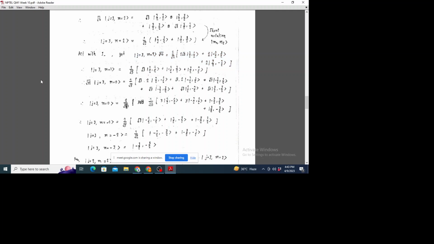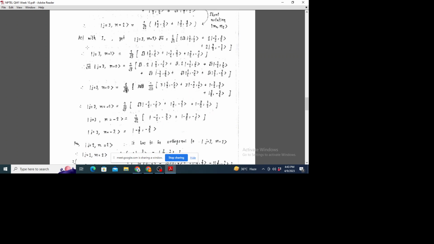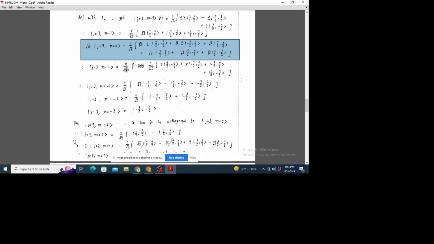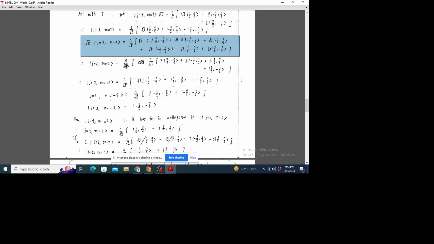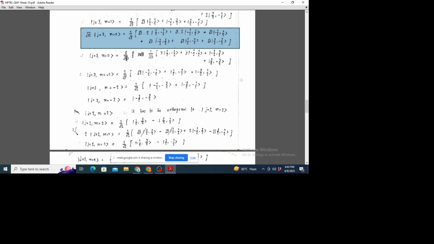So this is just an algorithm. Now act with J minus again, and keep doing that and you will get the answers.